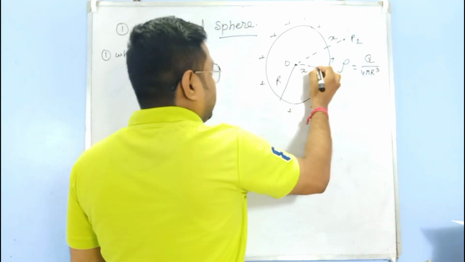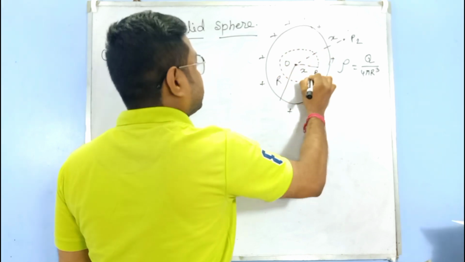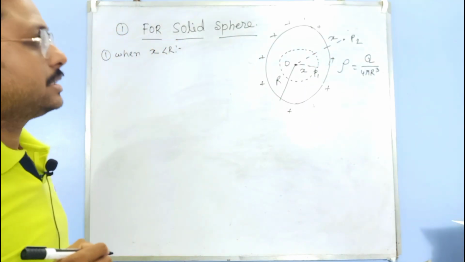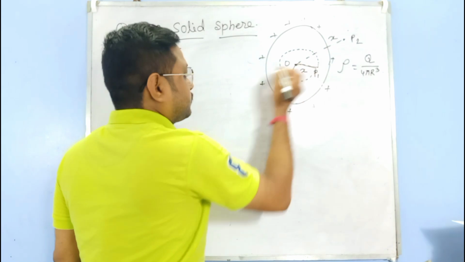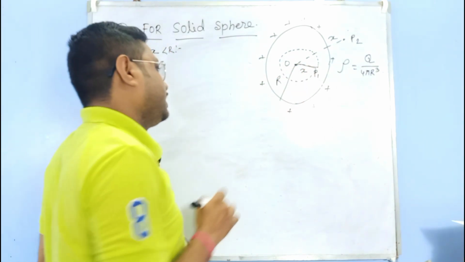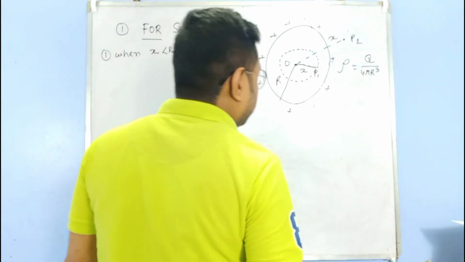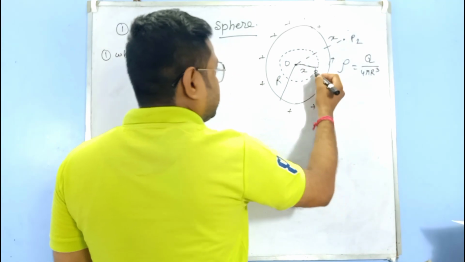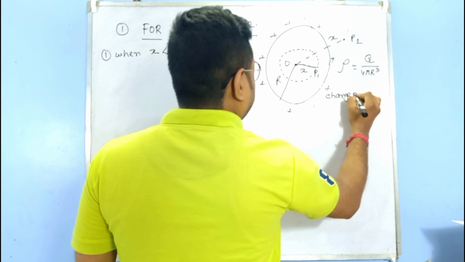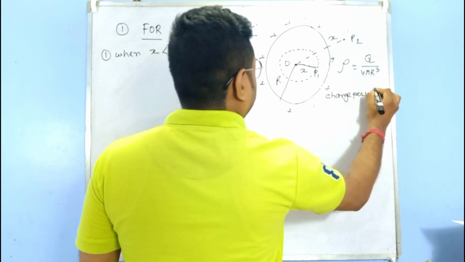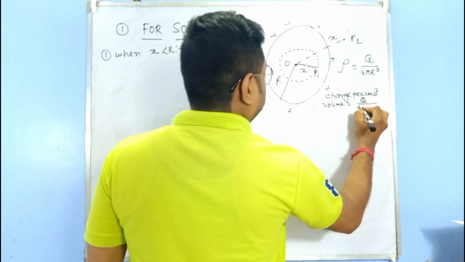Now if we take point P1 and draw a Gaussian surface, that is again a sphere concentric with the solid sphere, of radius x, then this is treated as the Gaussian surface. Then what will be the charge inside this sphere? Look very closely. Q is the total charge, then charge per unit volume equals total charge by volume.